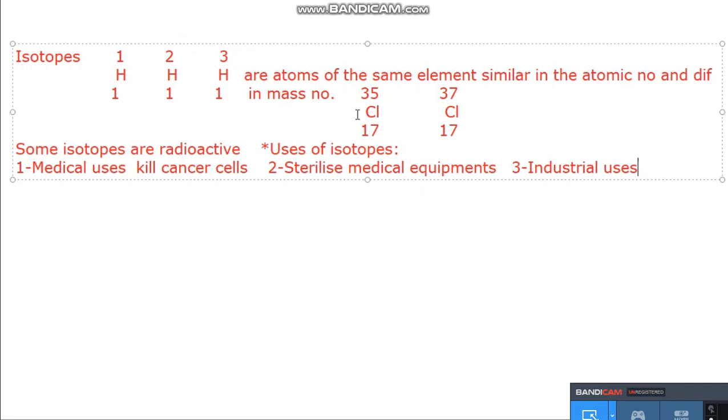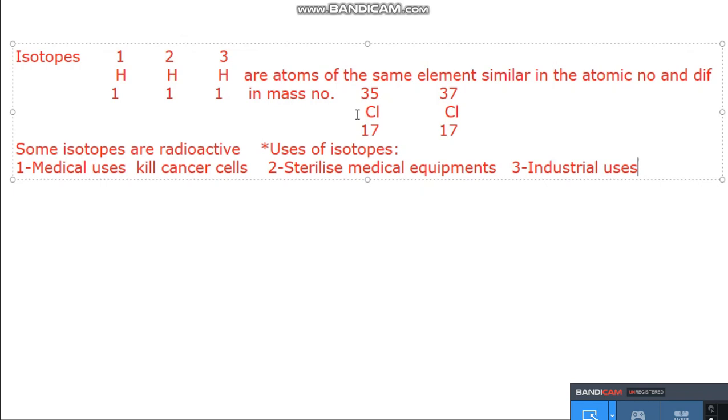Useful, we can use them in medical uses to kill cancer cells and tumors. Second, to sterilize medical equipment to make it clean from bacteria. And the third is in industry, to identify leaks in oil and gas pipelines. This is all about isotopes.